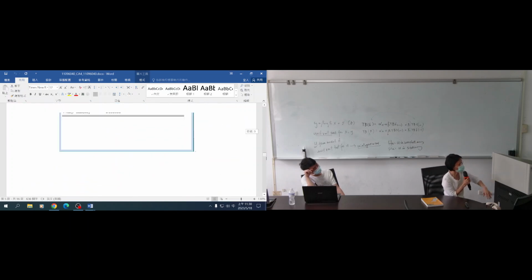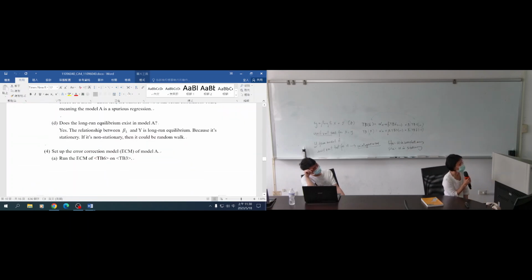Now let's look at what you wrote down: the long run relationship between beta 1 and y is long run equilibrium. No. You have to say that the beta coefficient identifies the long run equilibrium for TB6 and TB3.